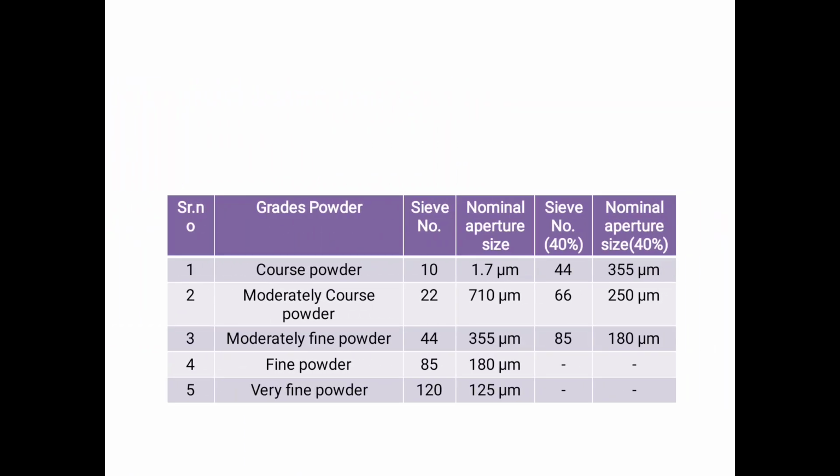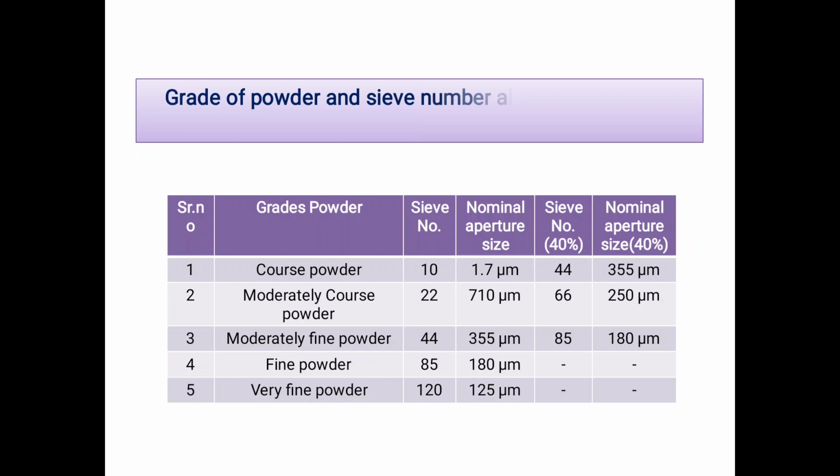From the GPAT point of view, questions will ask about grades of powders and sieve number along with nominal aperture size as per IP. Coarse powder, sieve number 10; moderately coarse powder, 22; moderately fine powder, 44; fine powder, 85; very fine powder, 120. A question may be asked: for fine powder, what is the nominal aperture size? Fine powder is 180 micrometer. This type of question will be asked.